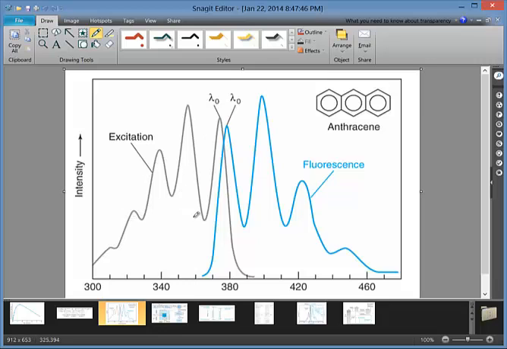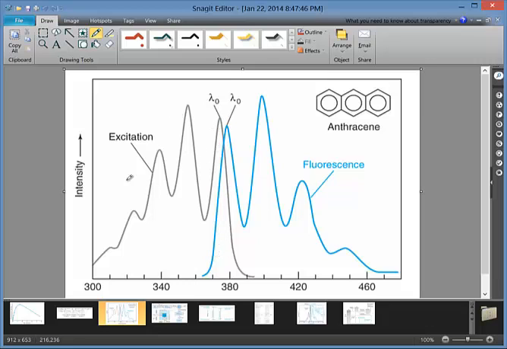The excitation looks like so, and the emission looks like so. Okay, we notice some similarities here. We see that there's a mirror image.